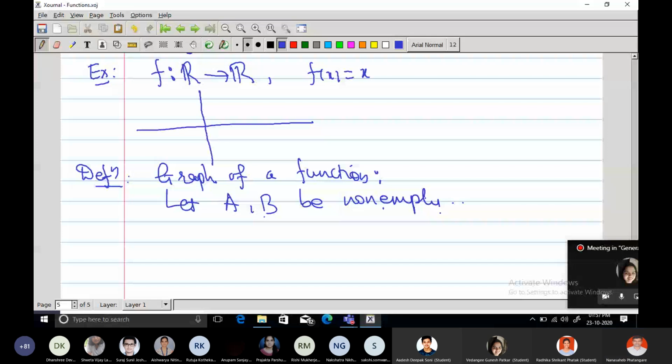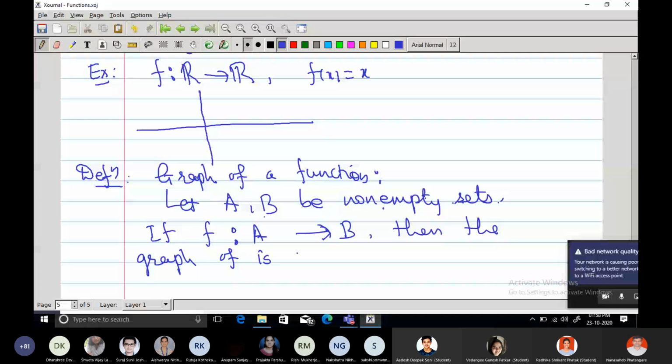If F is a function from A to B, right? When I write F: A arrow B, that means F is a function from A to B. Then the graph of F is the subset G_F.